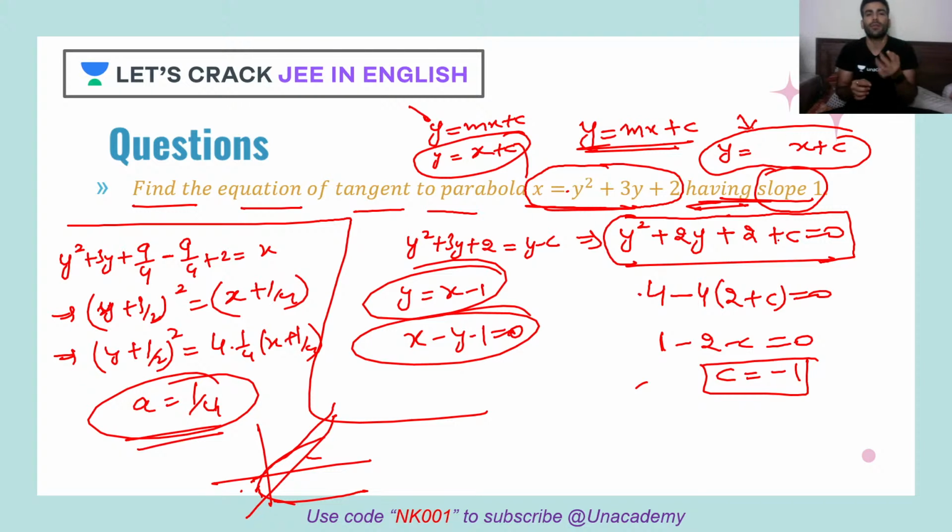Then only this line would be considered a tangent. I hope this is the main part you need to understand. When this line touches the parabola at only one point, your discriminant should be equal to 0. So I did b square, which is 2 square, minus 4ac, 4 into 1 into 2 plus c. I solved this equation, got the value of c, and directly put the value of c there.